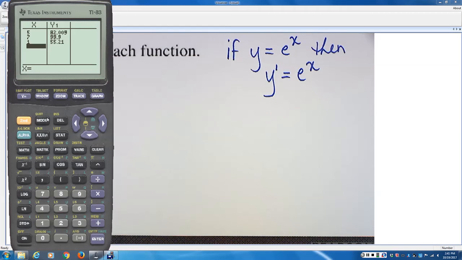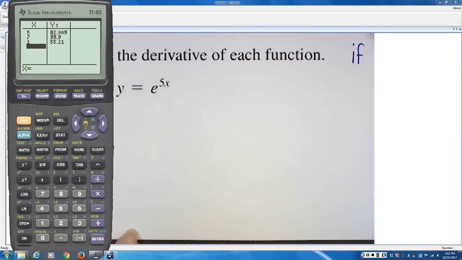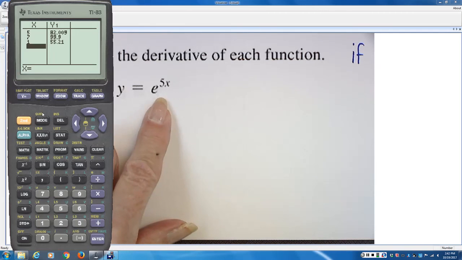It's the easiest one in the world to take. If you have the natural exponential, the e to the power function, then it's its own derivative. Now, the only way that this problem changes is if we have e to the 5x, this becomes a chain rule problem, because the power is a function.